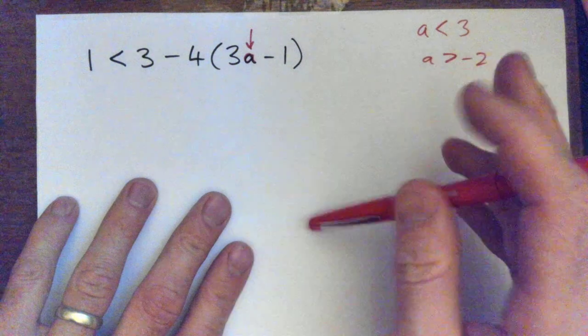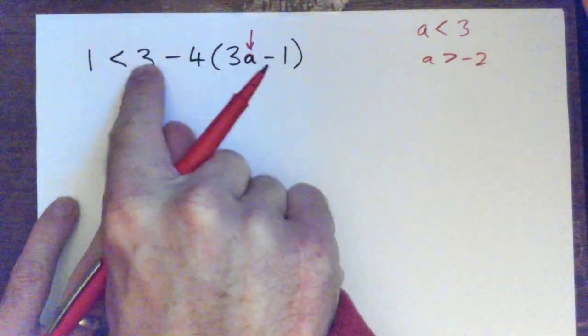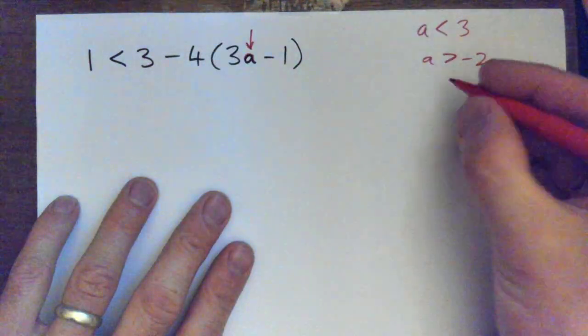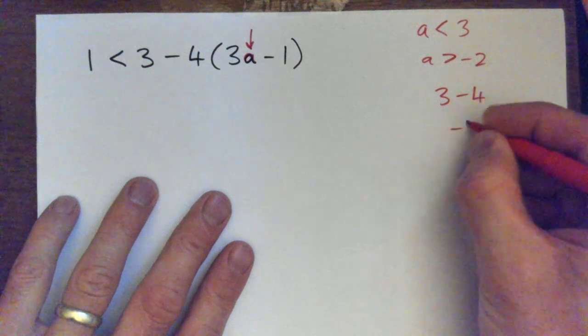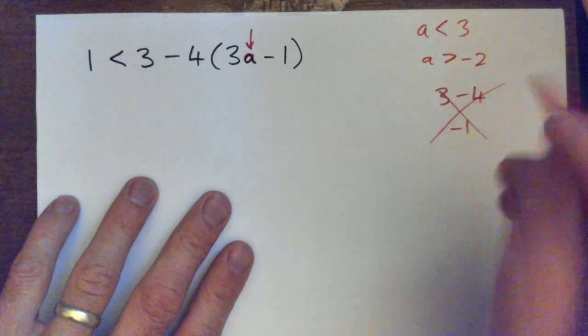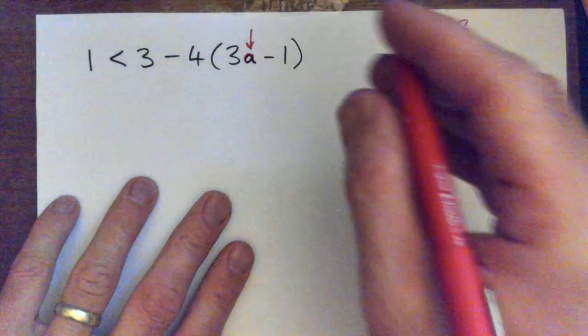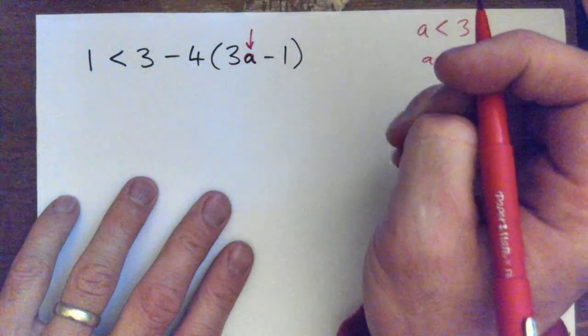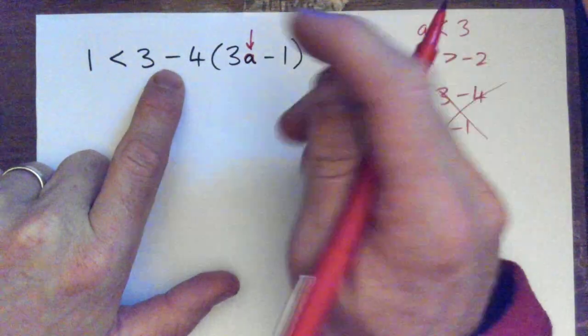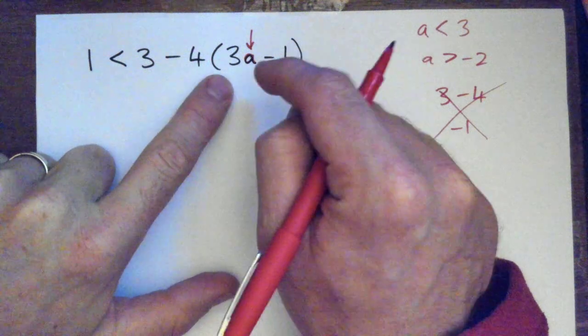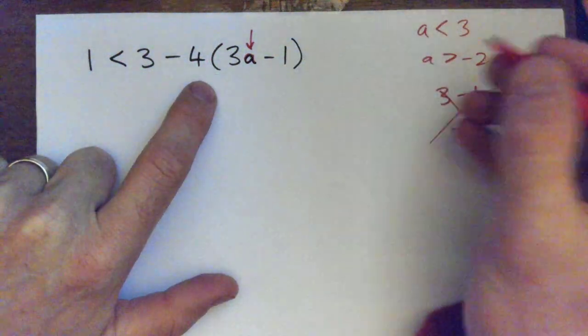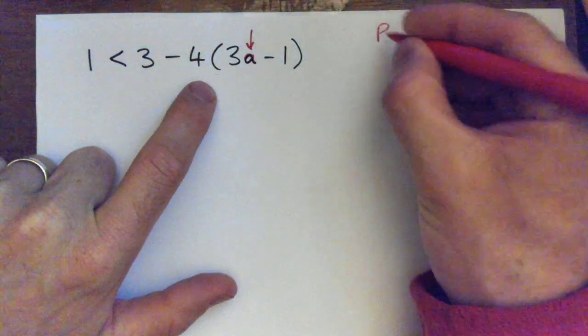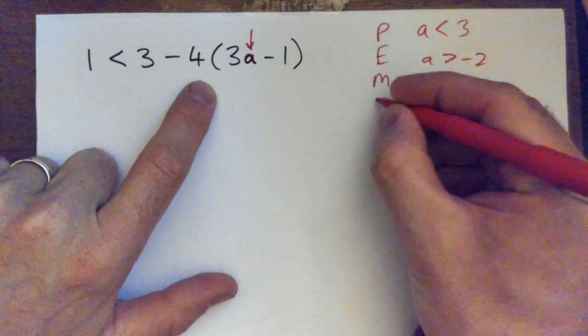Now, the first thing that students might want to do is they'll look at 3 minus 4 and they'll go, okay, 3 minus 4 gives negative 1. Now that's incorrect because you're subtracting instead of multiplying, right? So we've got to think about PEMDAS, order of operations.